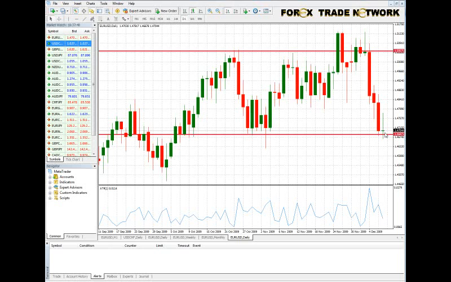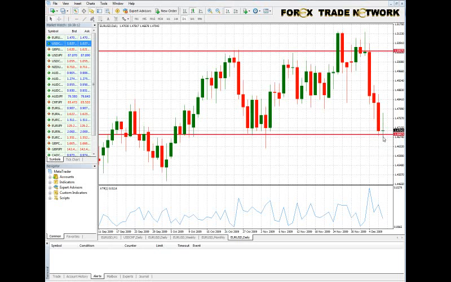Now, everyone who follows support and resistance will be looking for things to stall out at this particular level. And as you can see, they did, because we had a big bounce up, almost, well, it was past the halfway point of the previous day. We had a big bounce up, and then we started back down again.